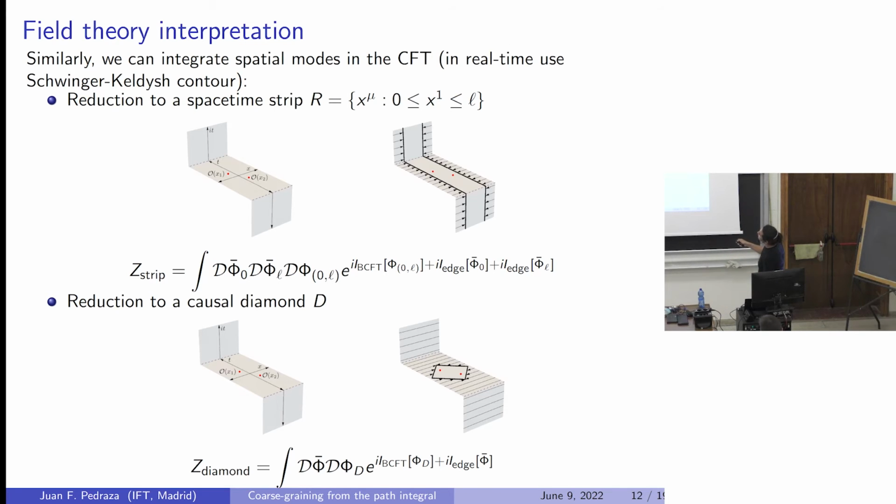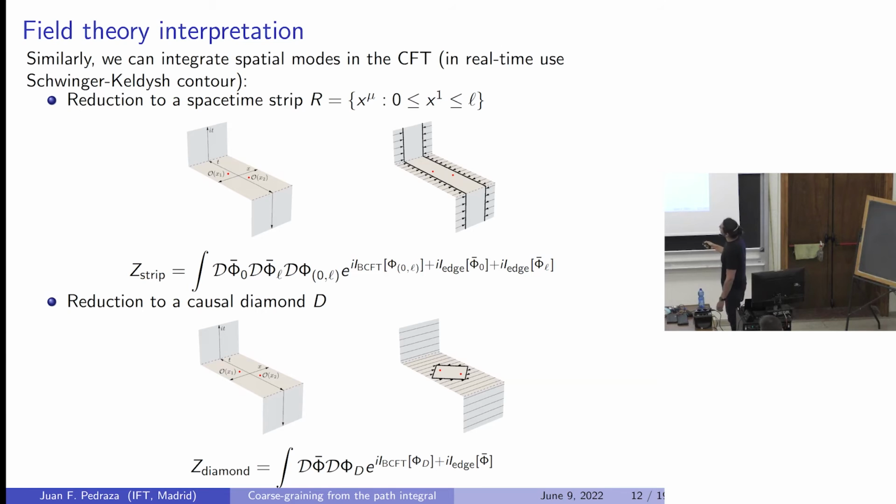So this is time here, this is imaginary time, and this is just space. So one way in which we can reduce is to integrate to a space-time strip, where I'm integrating over one spatial direction up to a strip, as drawn here, and then you can carry out this integration.